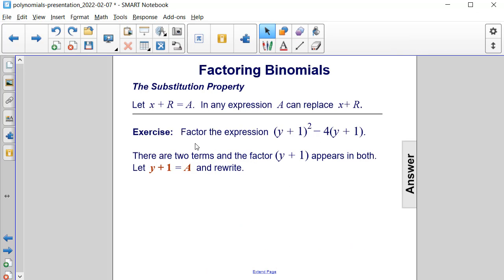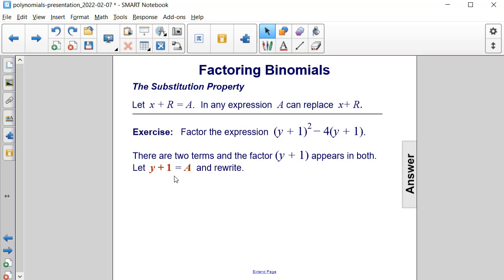Let's try another exercise. Factor the expression (y plus 1) squared minus 4 times the quantity (y plus 1). Notice there are two terms in this polynomial that have a factor of y plus 1.